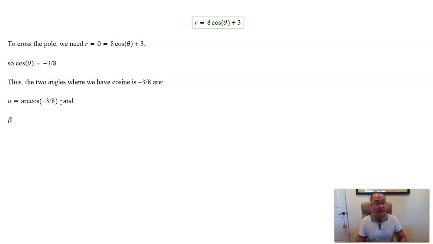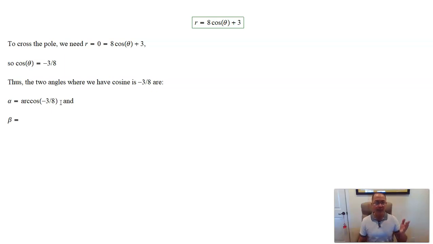What's the other angle? Let's call it beta. Okay, so how do we get another angle? We're going to use symmetry. So two angles have the same cosine, one above the other. What do we do with this angle alpha? We subtract it from 2 pi.